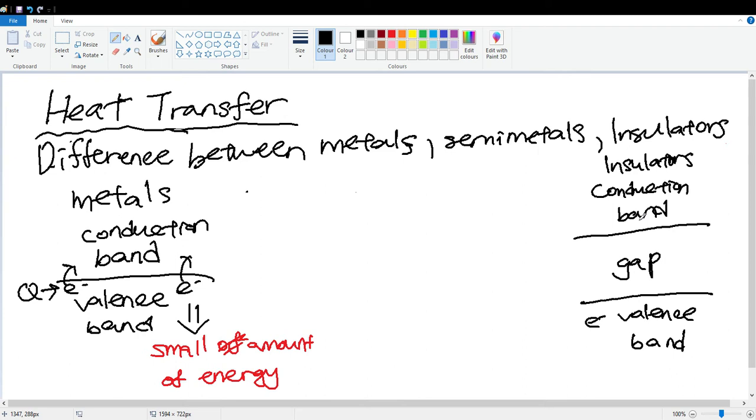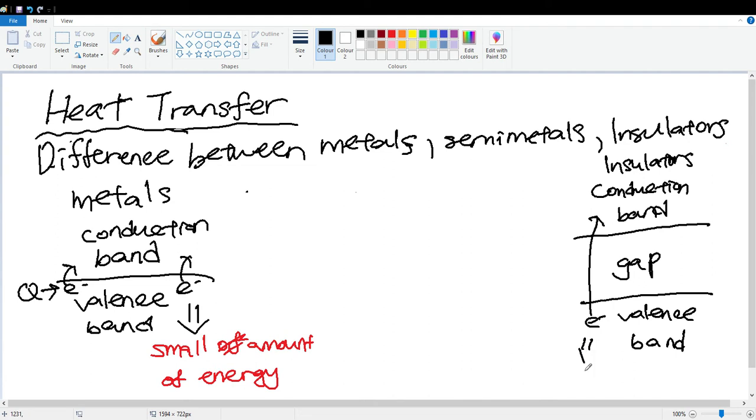We can see there is a gap between the valence band and conduction band in the insulator. This large gap causes a barrier for electrons to jump from the valence band to the conduction band.